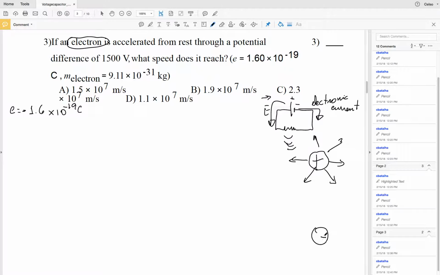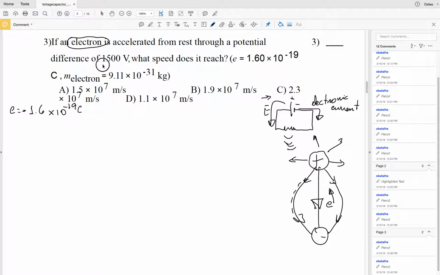So if you have a dipole configuration, like you guys did see in the lab, the field lines go from positive to negative, right? And that's the direction of the field. So if you put an electron here, the electron will rush in the opposite direction because it has a negative charge. So just pay attention to that.